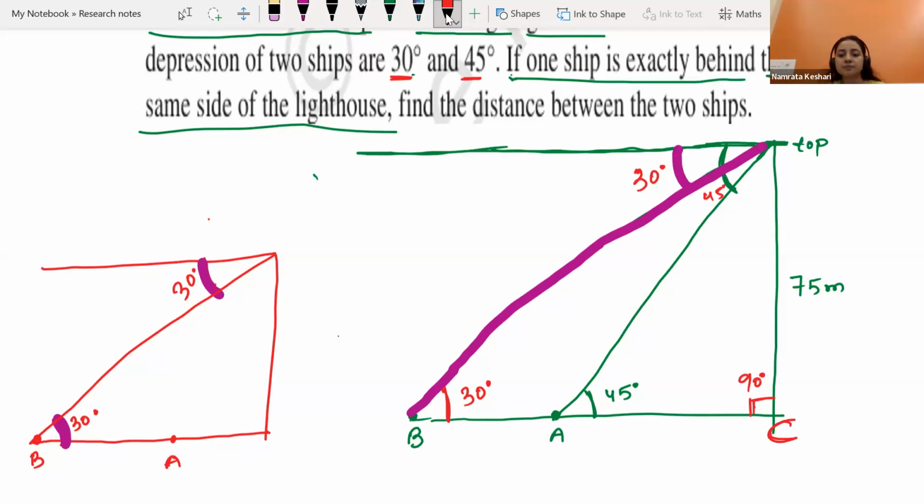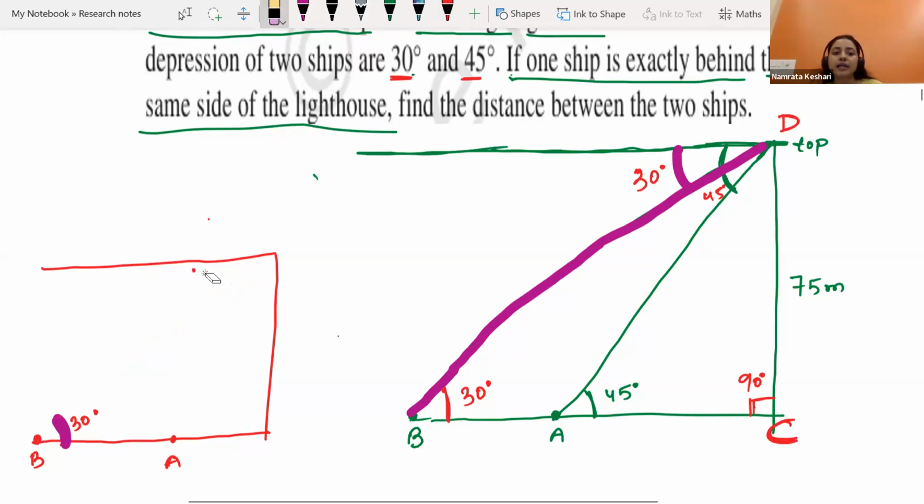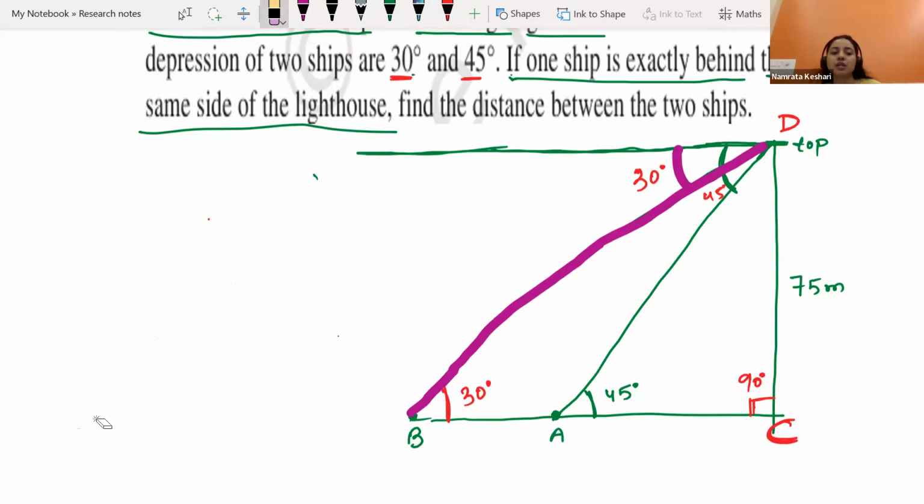Let's name it C. Let's name it A. So our two right angle triangles are here. Not only here, for each and every question in this particular chapter, it's all about drawing the figure properly.